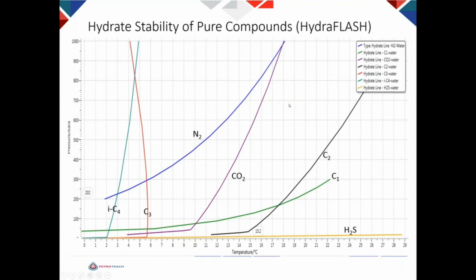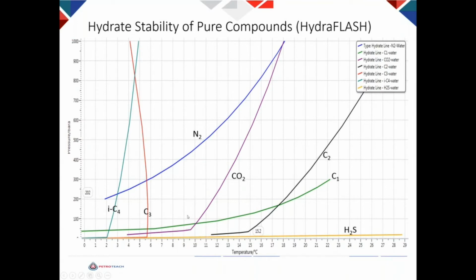Now, as I mentioned to you earlier, different pure compounds have different tendencies towards hydrate formation. In the gases we have in the industry, H2S, you see that it is a very strong hydrate former. After that, IC4. After that, propane. After that, C2. After that, CO2.